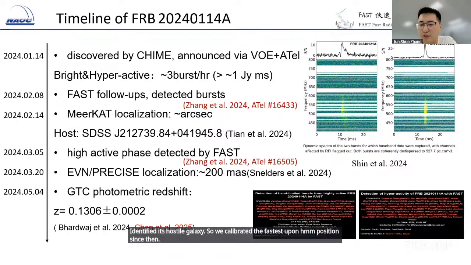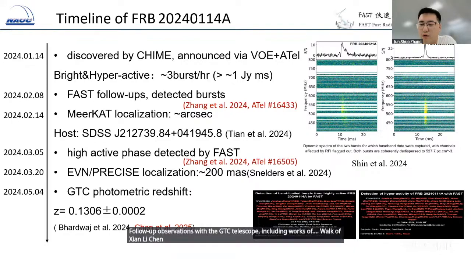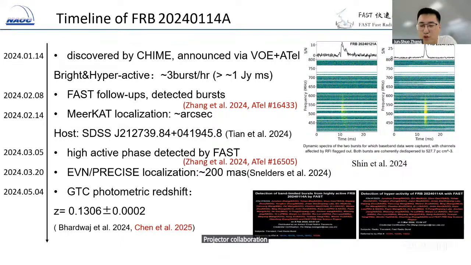And on March 5th, we captured the burst storms and reported it on the ATel. Follow-up observations with the GTC telescope, including work from our FRB Key Science project collaboration, measured the photometric redshift for this source.